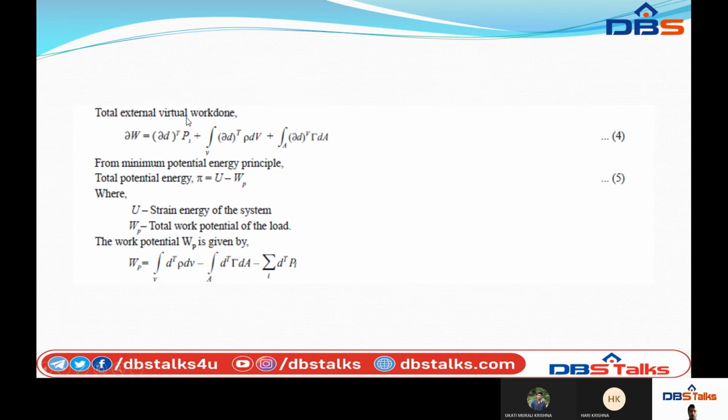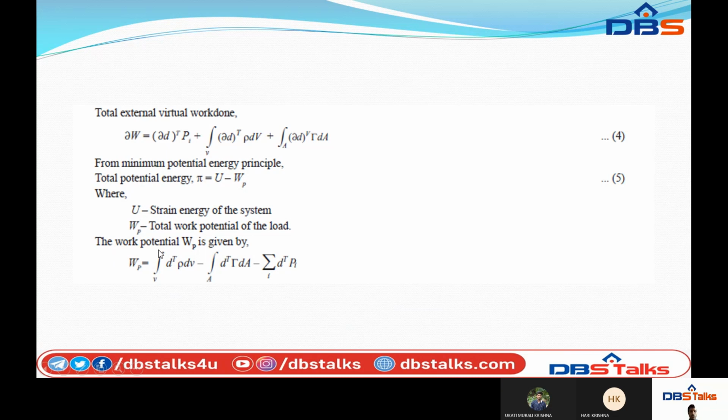Next, the total external virtual work done. Here ∂W, the work done due to external work, is calculated by summing all three factors: point loads or forces, body loads, and traction loads or forces. Then we already know that the total potential energy π equals U minus WP, where WP is the total work potential. The total potential energy π is obtained by subtracting the work potential from the strain energy.